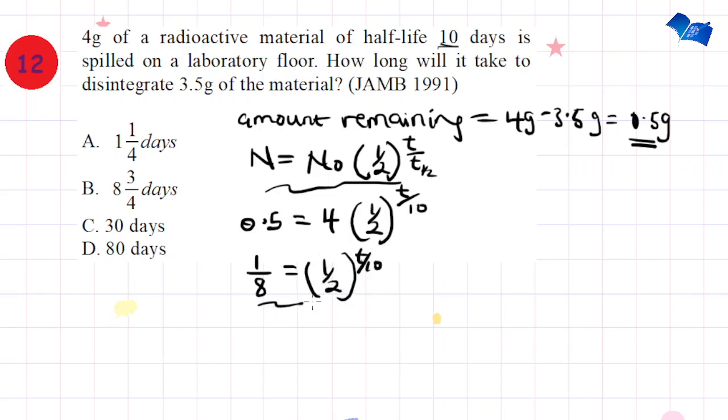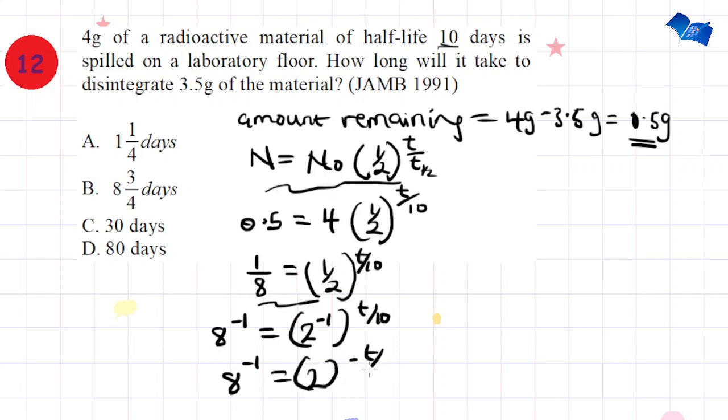So to solve this, we have to apply logarithm, right? Many people don't know how to use logarithm, but I'll just show it here. Okay, so we now have 1/8 giving us 8 raised to power minus 1. 1/2 gives us 2 raised to power minus 1. Then into t/10. This will give us 8 raised to power minus 1 equals 2 raised to power minus t/10.